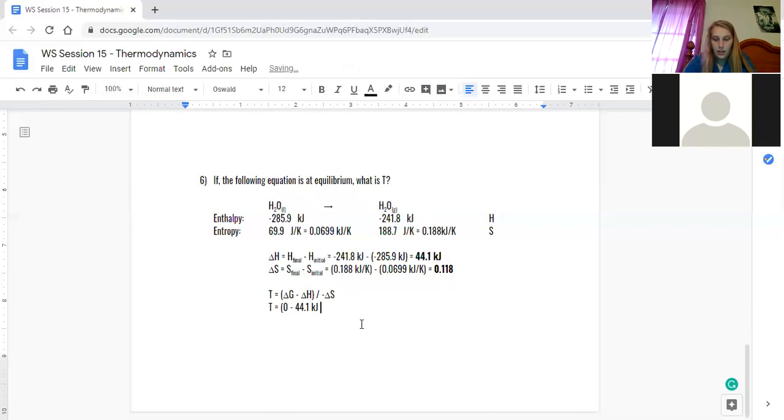Oh no, we're not subtracting, I did the same thing I did earlier, apologize guys. So we're going to have 0.118, and we'll solve that. Let me know what you come up with.